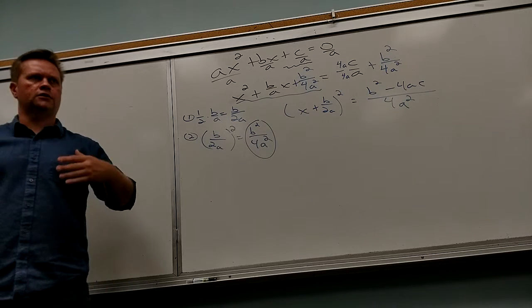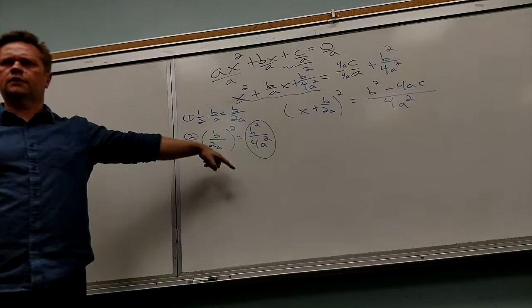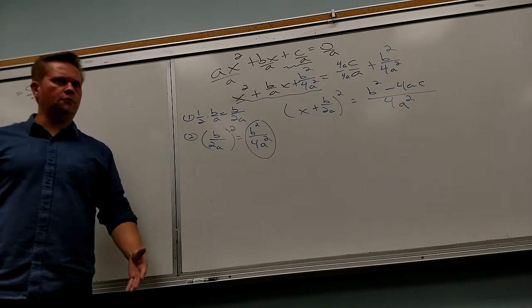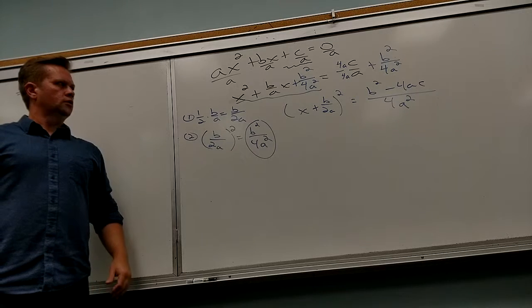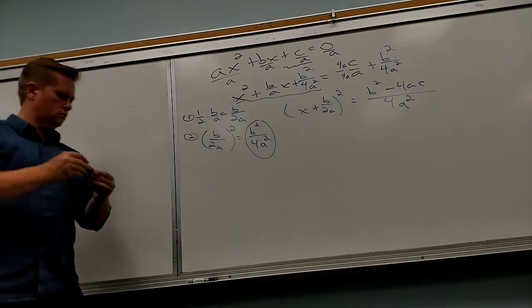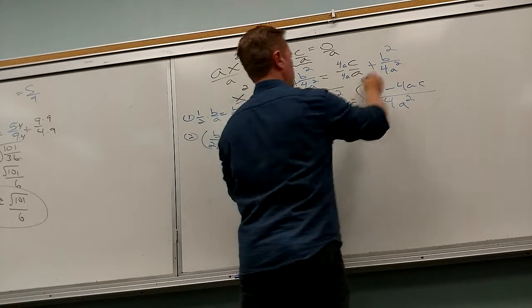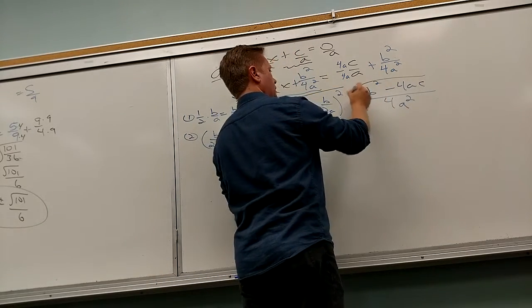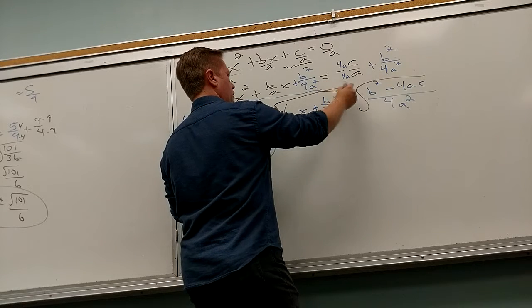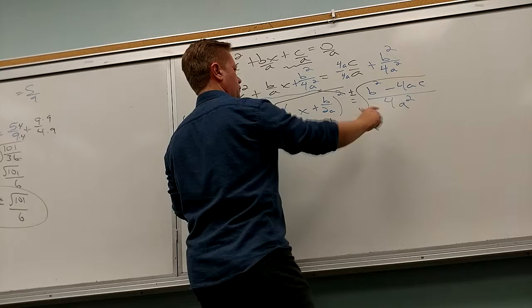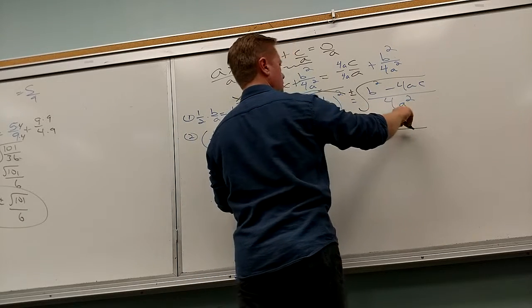Again, this is a derivation. This is nothing you're going to have to do yourself. But I want every step to make sense. It's the same process. And now, of course, what do I do? Square root, plus or minus. So over here I get x plus b over 2a. What's the square root of the bottom? 2a.